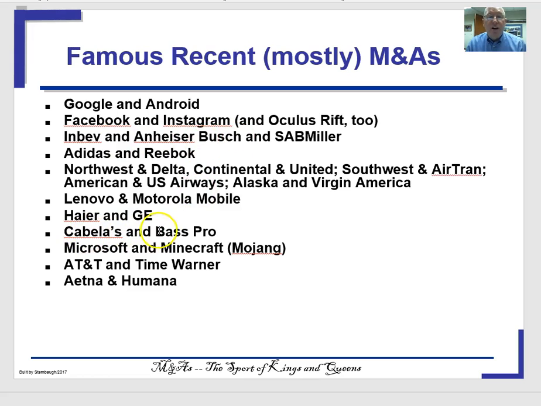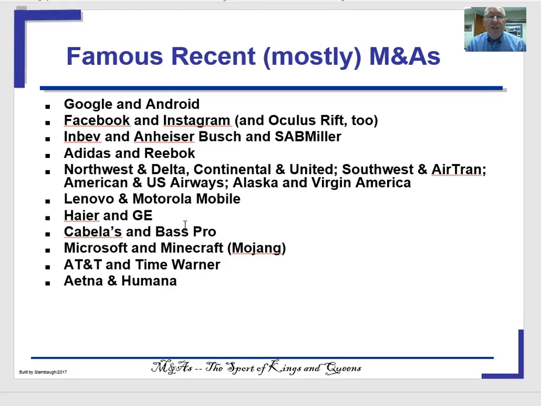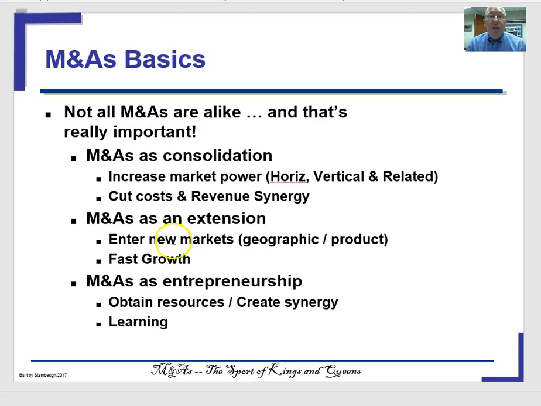The best one right now is the Cabela's and the Bass Pro. M&As as extensions. The best example of that would be perhaps Haier's purchase of GE Appliances, or Microsoft's purchase of Mojang, where they already have a gaming division, but this gives them something new in the gaming division. And then mergers and acquisitions as entrepreneurship.